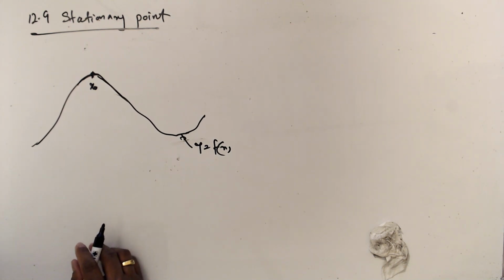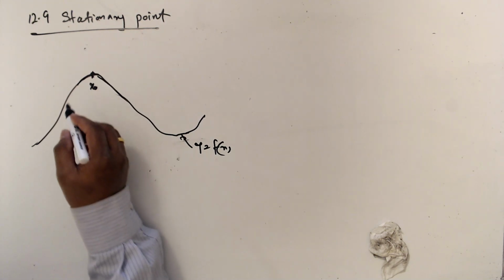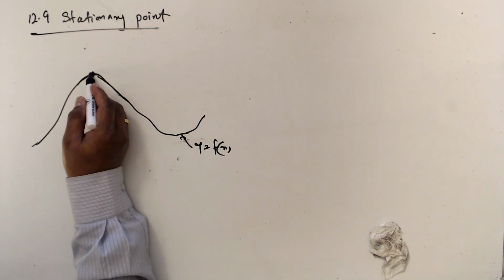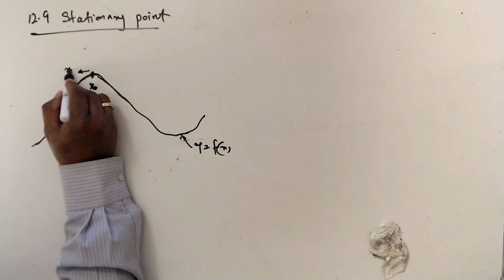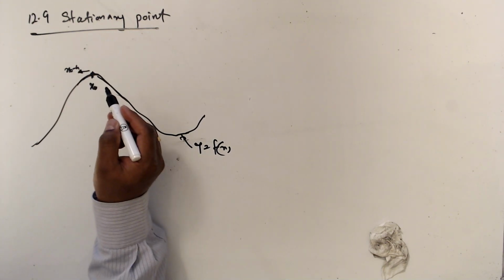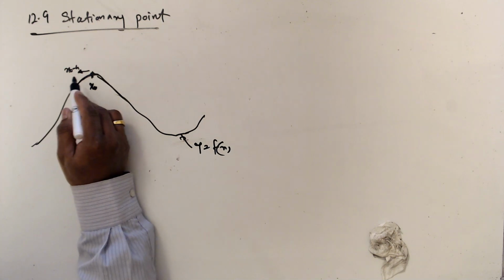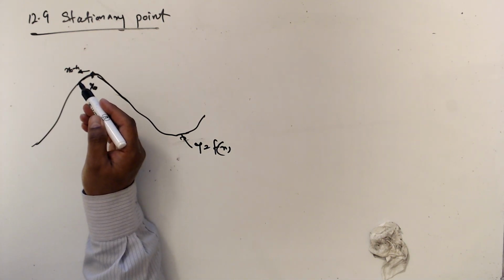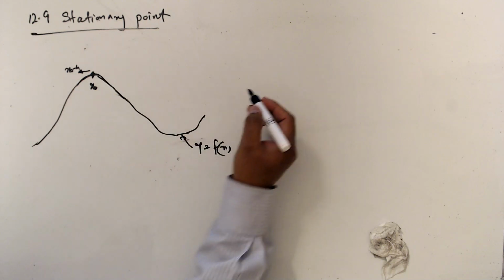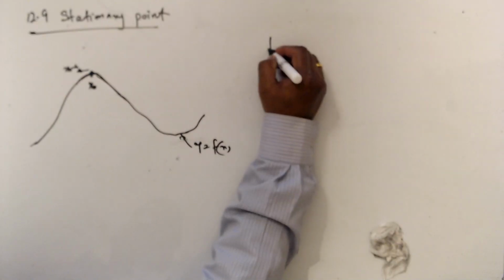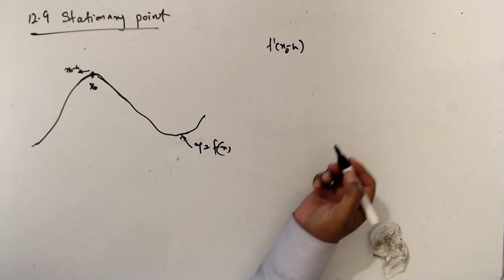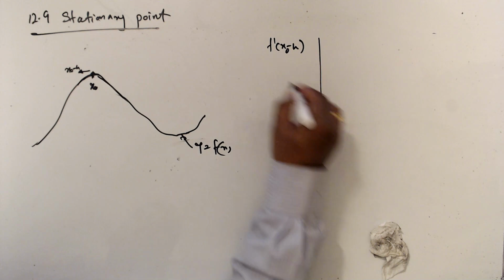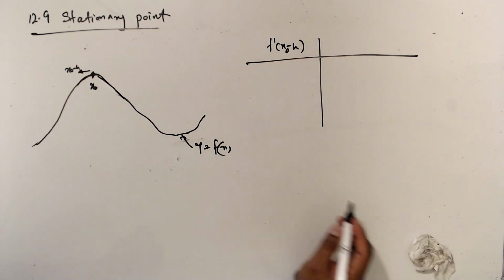So dy by dx is 0. Now you want to find out about the left side. So if you go a little bit left, let's say you go h distance to the left from x naught, and you want to look at the gradient.